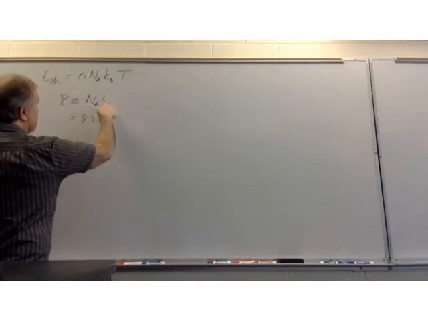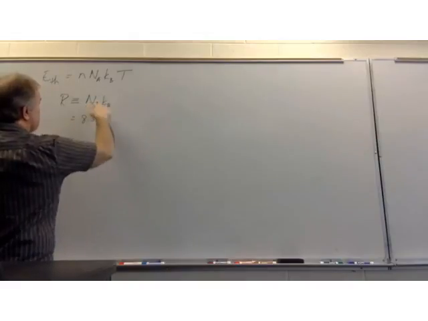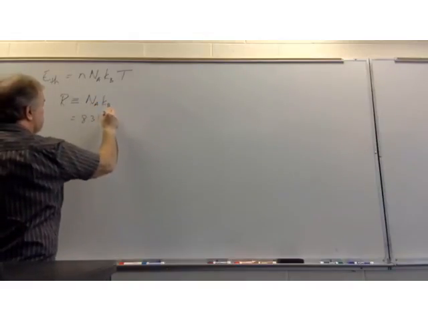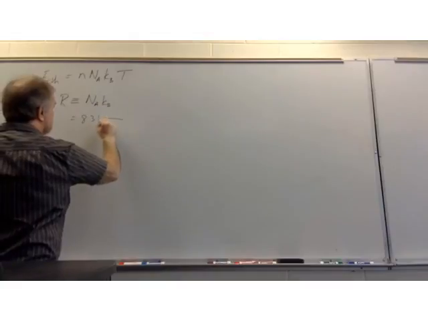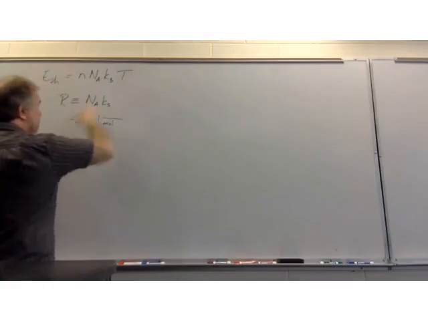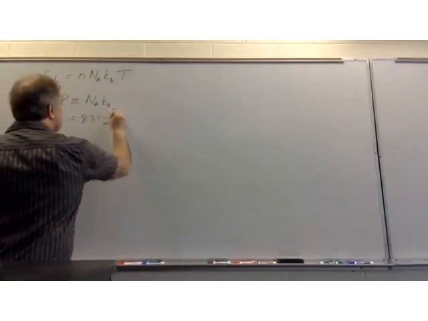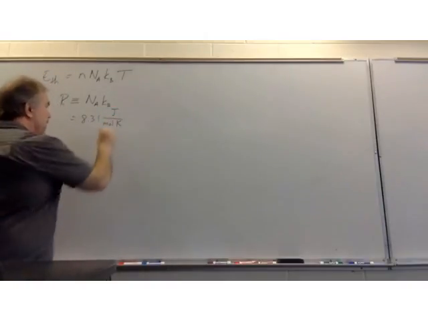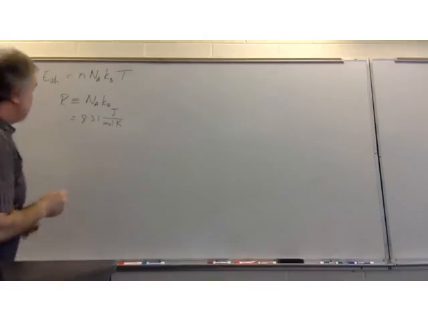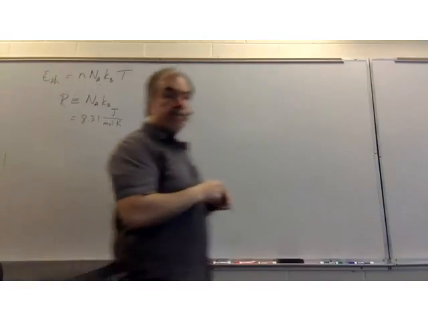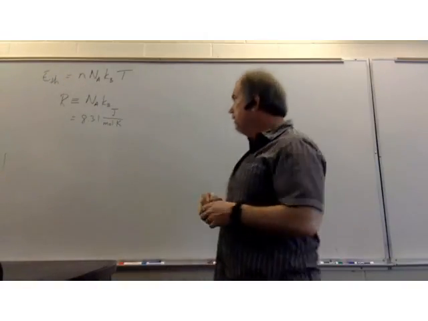Avogadro's constant has units of 1 over moles, and Boltzmann's constant has units of joules over kelvins, and so that's the unit of R in the SI system.